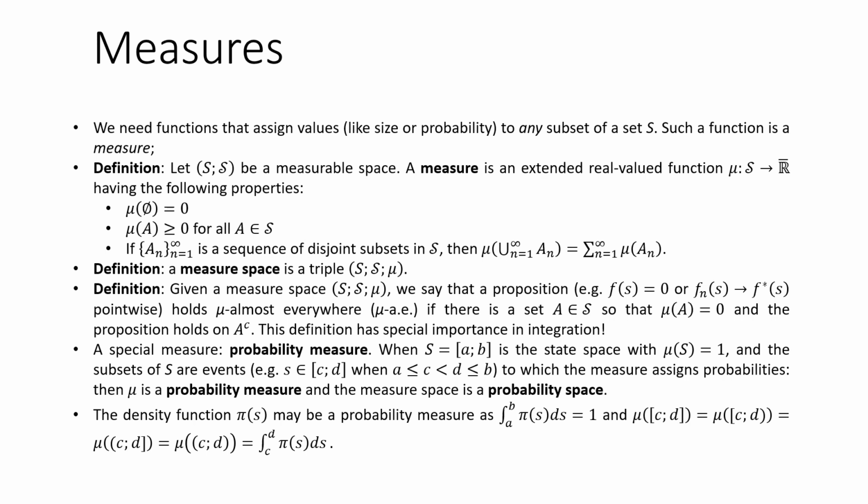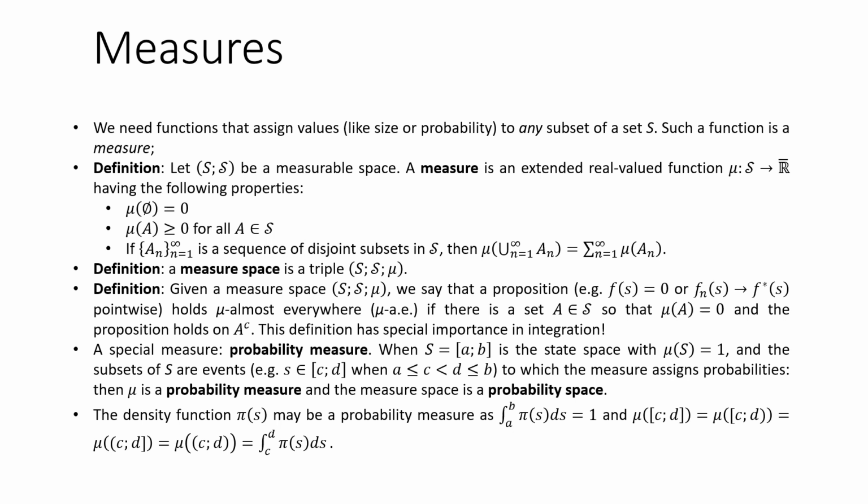So we have a measure space, set, sigma algebra, and a measure, and we say that a proposition, like a function is equal to 0, or a series of functions converges pointwise to a function.